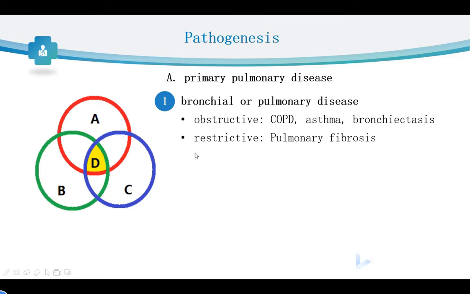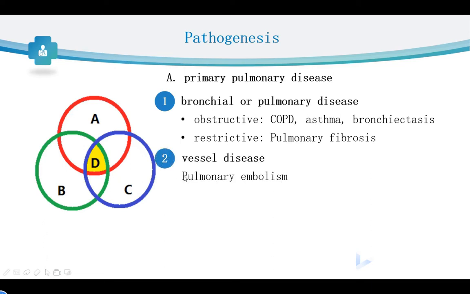And another type of the bronchial or pulmonary disease is the restrictive pulmonary disease, such as the pulmonary fibrosis and other interstitial pulmonary disease.